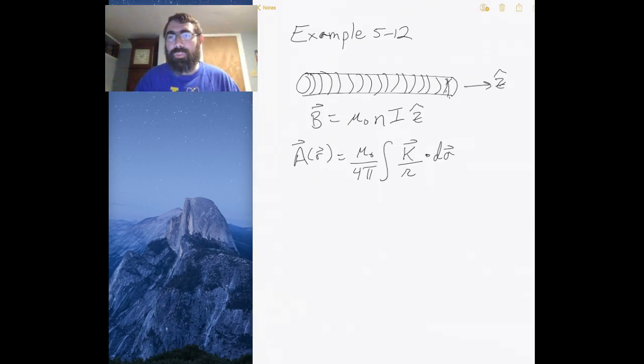We can't use that one because the assumption we made in there was that the divergence of A was going to basically go to 0 as R goes to infinity. So we can't use that. Instead we're going to try something else.